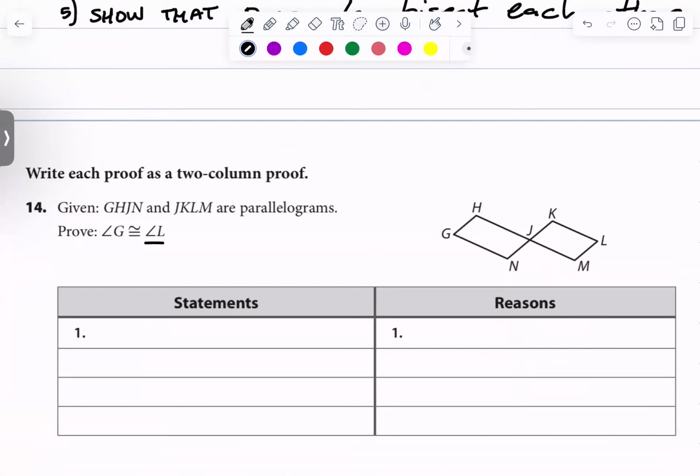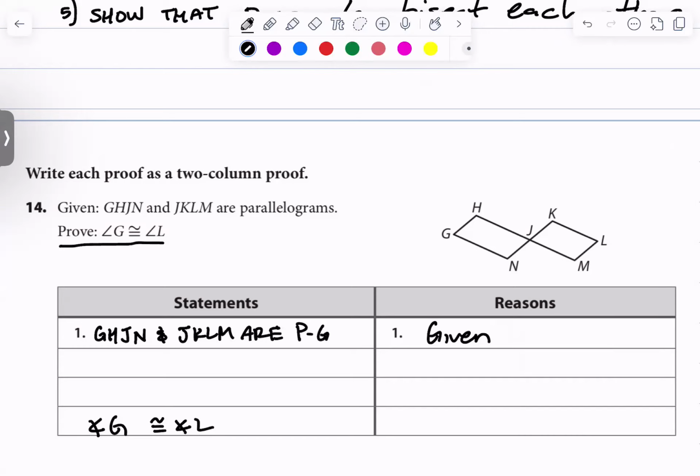So this one here, I gotta prove that angle G is congruent to angle L. Okay, I don't know how yet, but I know that's gonna be my last step, right? I know that this is gonna be the given that GHJN and JKLM are parallelograms.